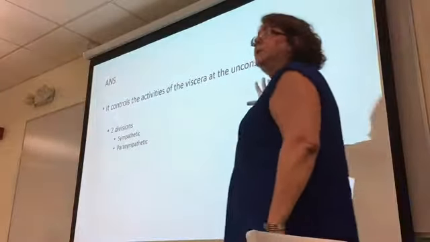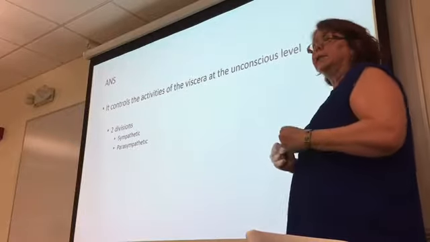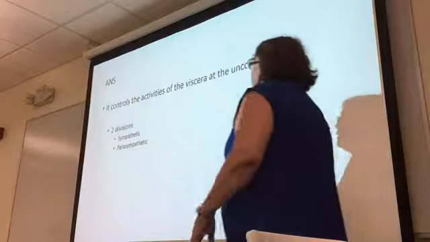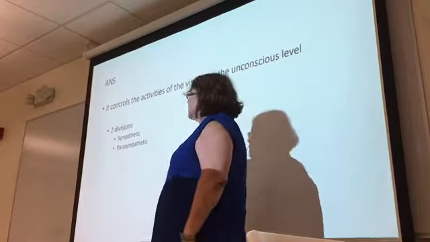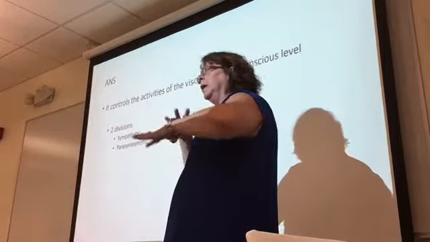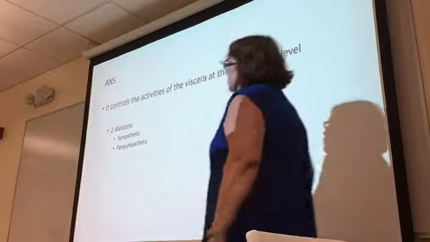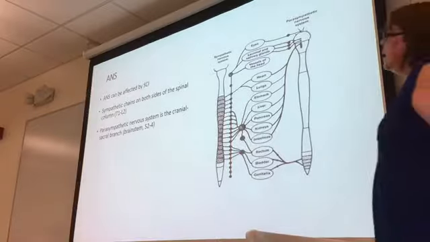Autonomic nervous system, that's my fight or flight. My sympathetic, that's my fight: increased heart rate, increased blood pressure, muscles tighten, vasoconstrict. My parasympathetic, calming, lowers the blood pressure, vasodilate. So those are affected in spinal cord injury, which I'll talk about.